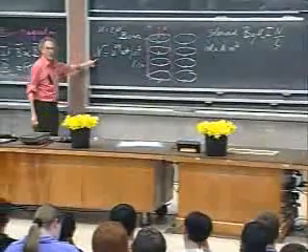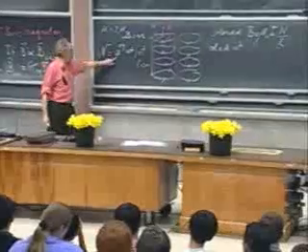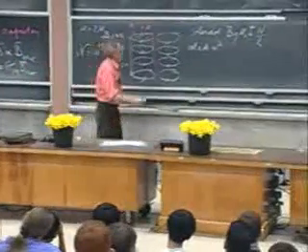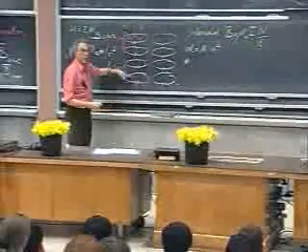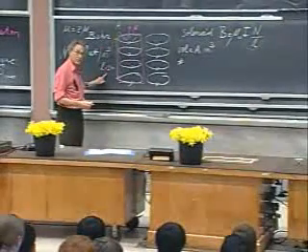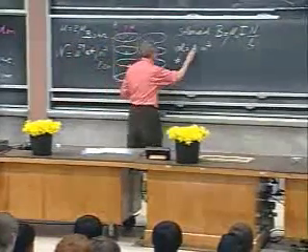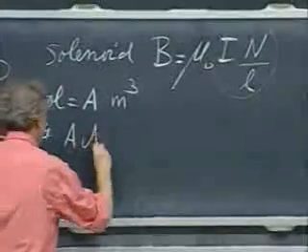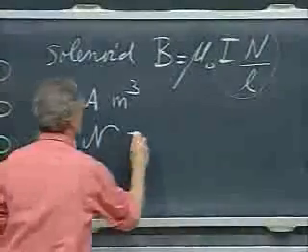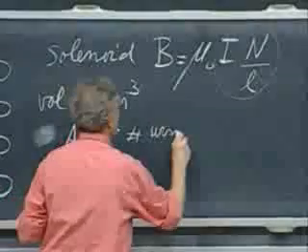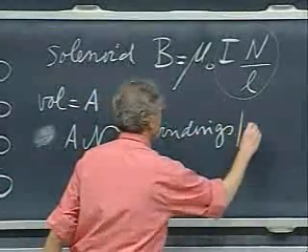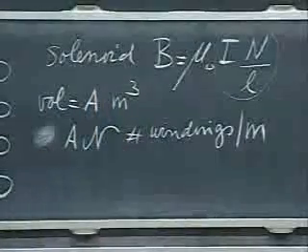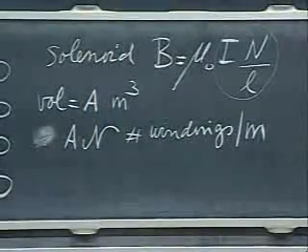But the number of atoms per cubic meter is 10 to the 29. And so the number of atoms that I have in this solenoid per meter is this A times that N. So this is the number of windings per meter, if I call this one winding. Or you can think of it as the number of atoms per meter, the way they're lined up.